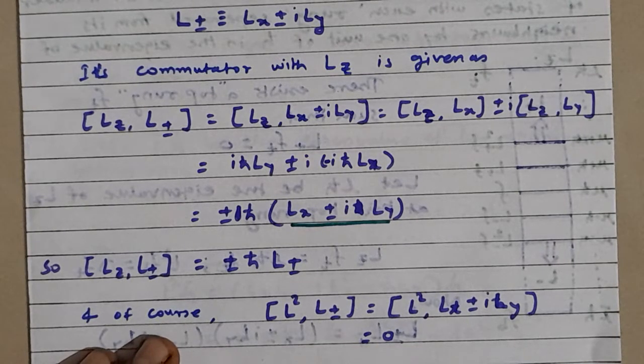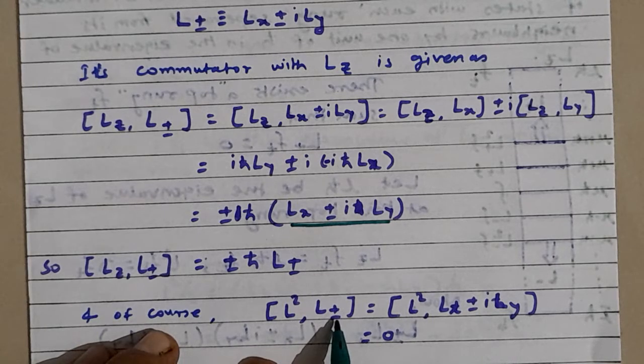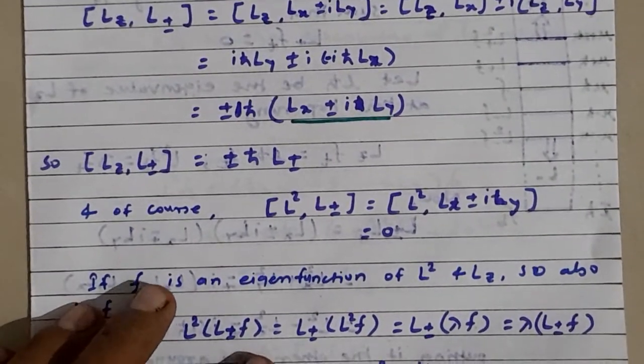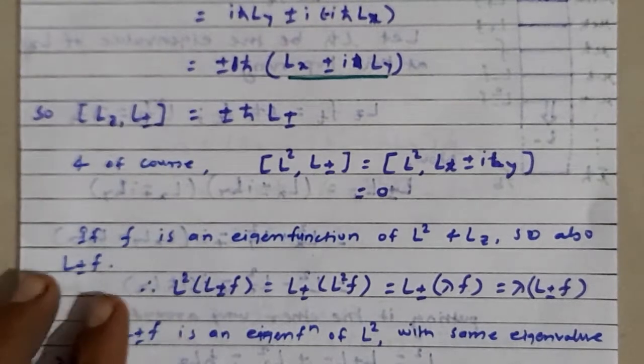Of course, L² commutes with L±, because we have seen that L² commutes with each component of the angular momentum. So L² also commutes with the ladder operator, and that gives us 0.